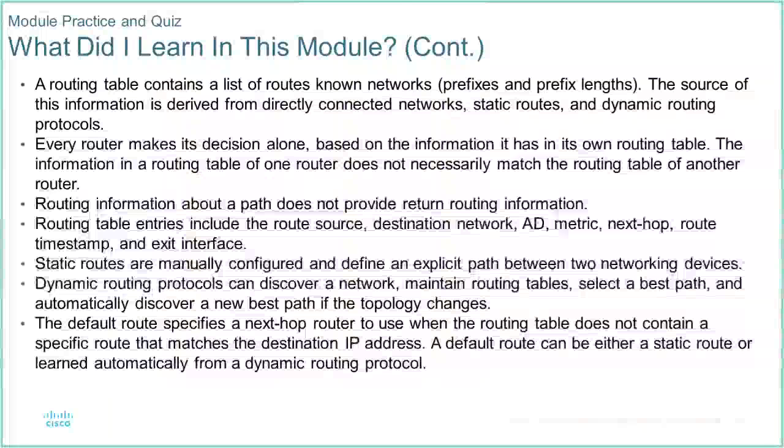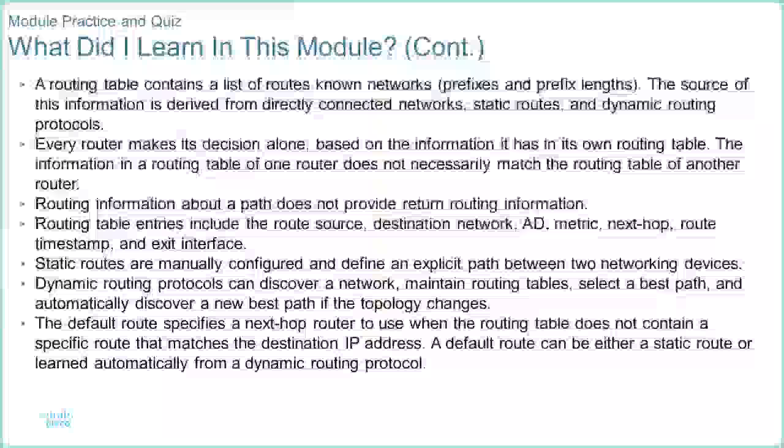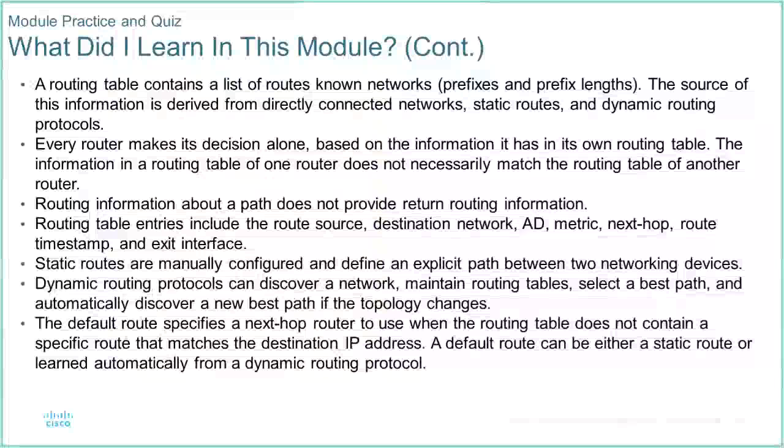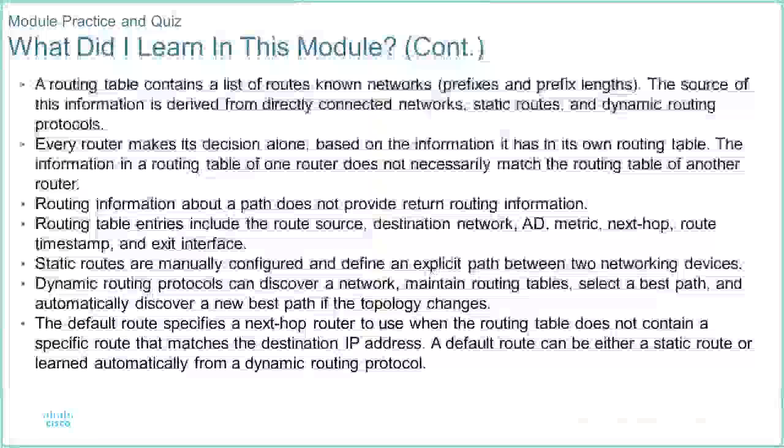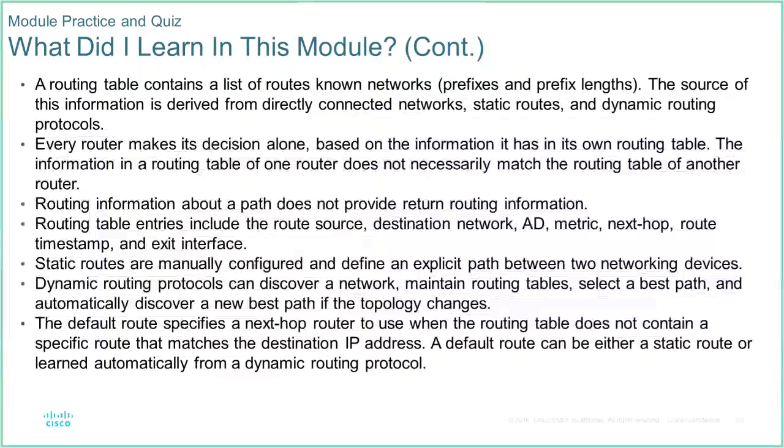We looked at the fact that we can statically enter networks, and we also looked at the fact that we can have a special static route called a default route that would match everything as a last resort, so that we do not discard all these routes out of hand.